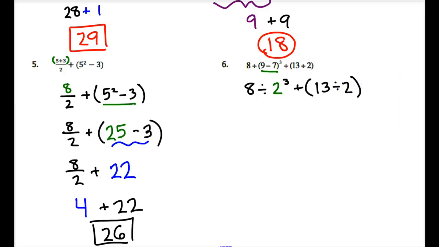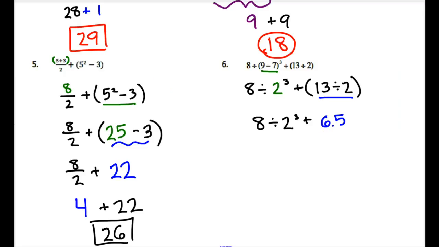Okay, so now I still have some grouping symbols. I have grouping symbols right here, 13 divided by 2, so I need to simplify that. So this gives me 8 divided by 2 cubed plus 13 divided by 2 is going to give me a decimal that's going to be 6.5. So plus 6.5.